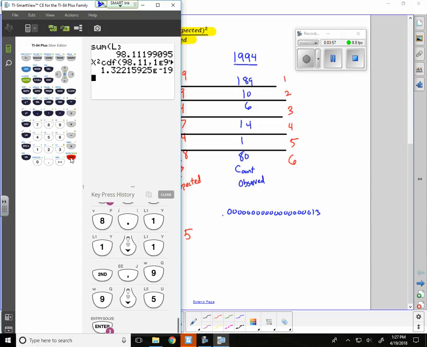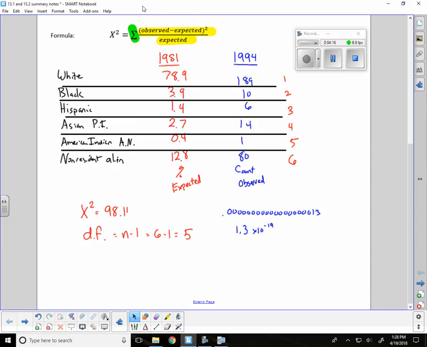You do not have to write it down. So we got 1.3 times 10 to the negative 19th. So we can see that this population in 94 was not like what it was back in 1981.